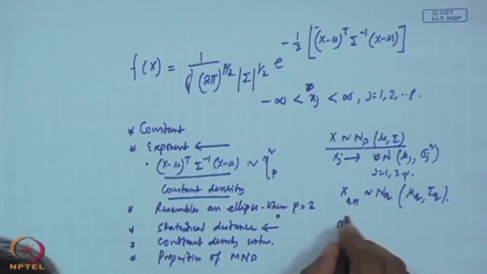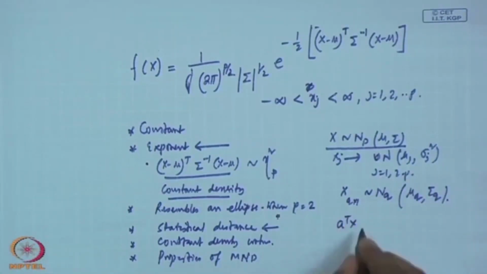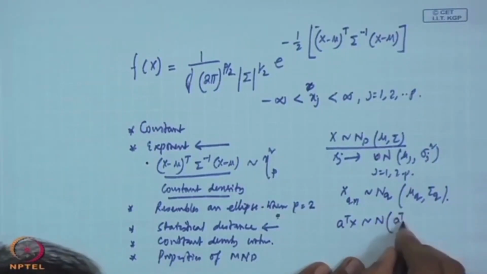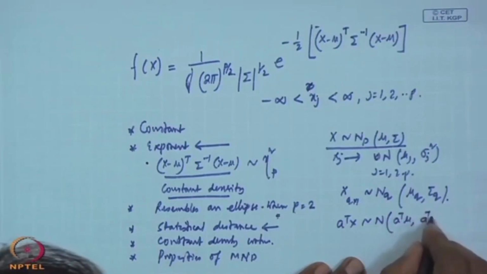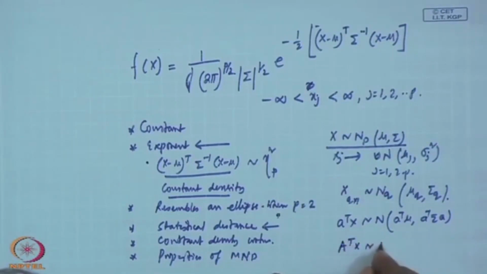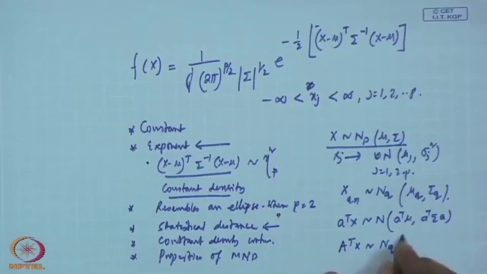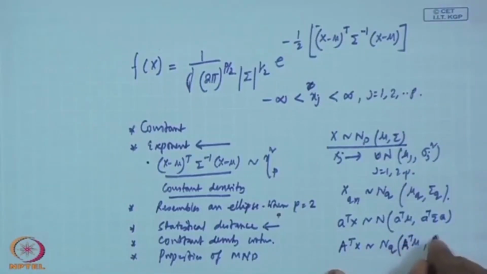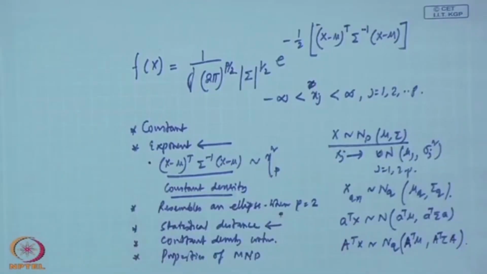Then a linear transformation A transpose x will be univariate normal with A transpose mu, A transpose sigma A. If you take q linear combinations, then that will be multivariate normal with A transpose mu. Only the matrix multiplication compatibility you have to check.